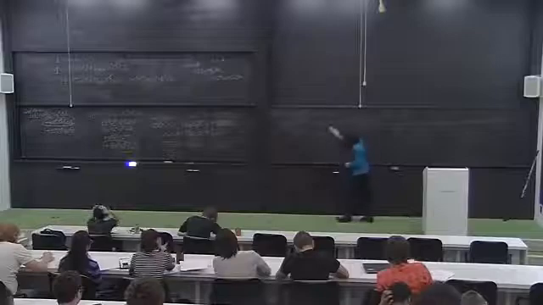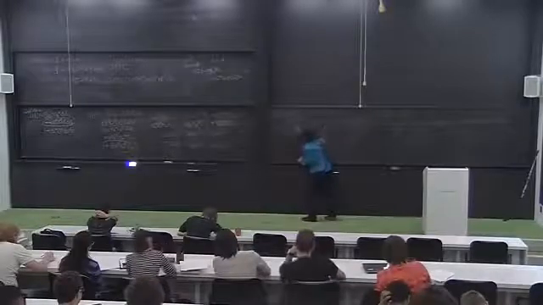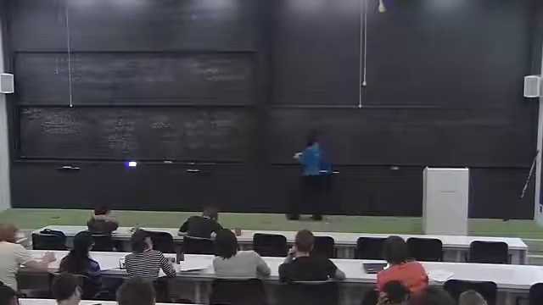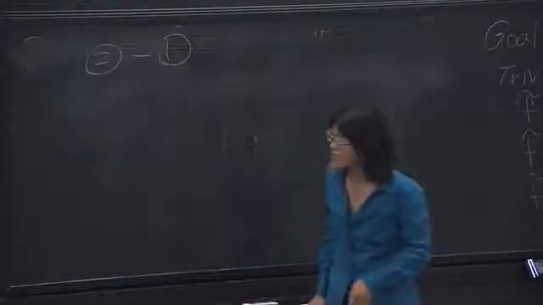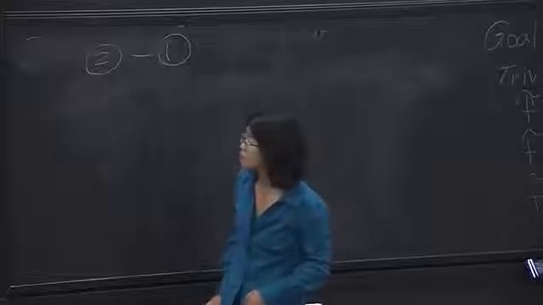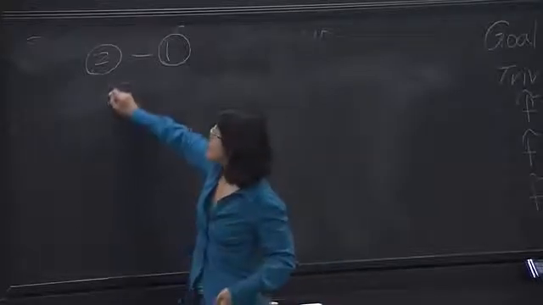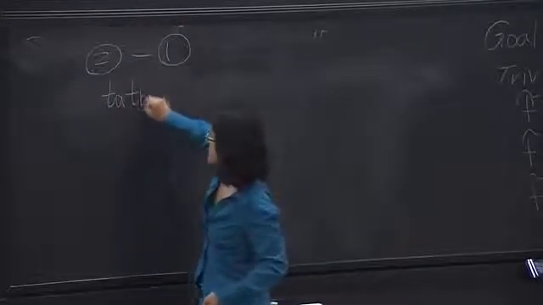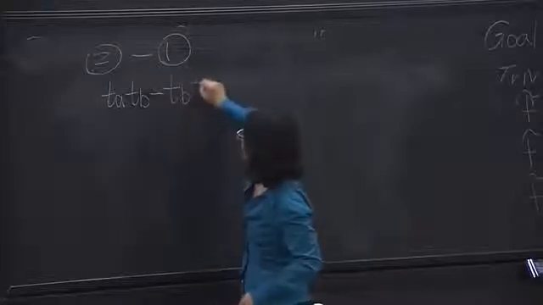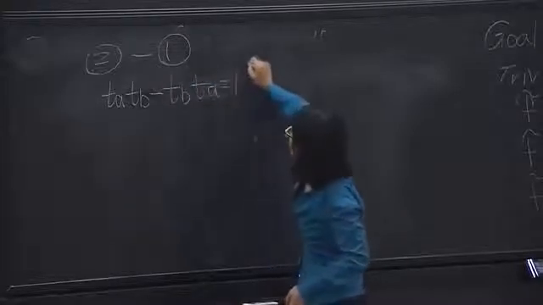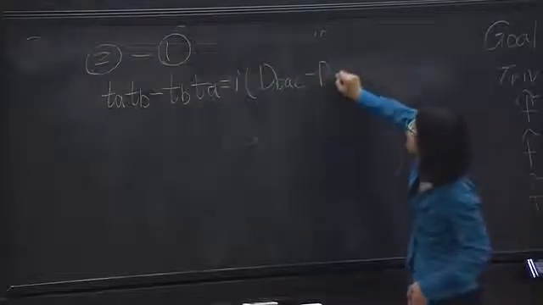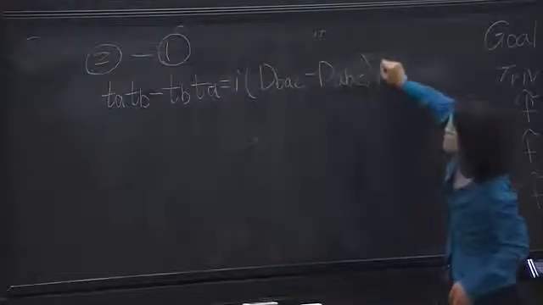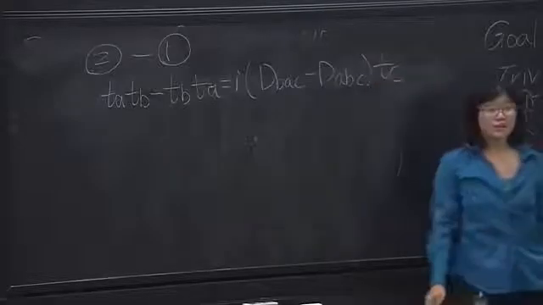We're going to use 2 subtract 1, to match some conventional definitions. So 2 subtract 1 will give us positive TA, TB, subtract TB, TA equals i (d_BAC subtract d_ABC) TC. And all the L's are gone.